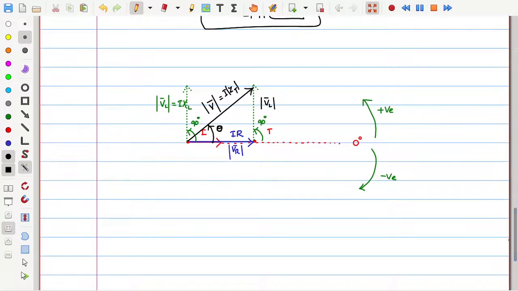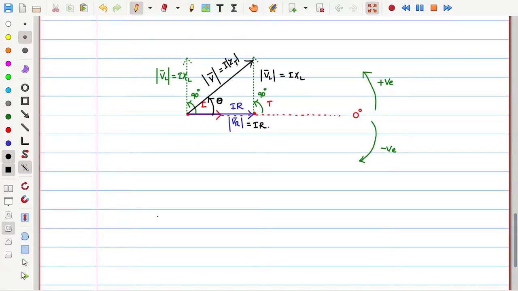Now here, interestingly, we can identify some triangles which are very important. Prior to that, let me write this: VL means I into XL, VR means I into R. Now try to see, I can make out one triangle from this. One side is the voltage representing I into R, which is the resistor voltage. Another is the voltage across the inductor, which represents I into XL.